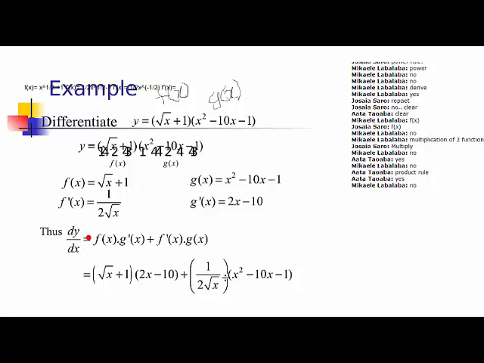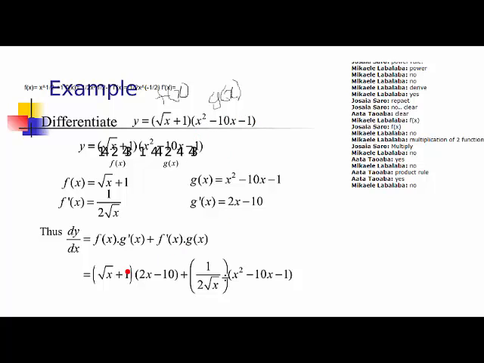So now dy over dx is f(x) multiplied by g dash of x plus f dash of x multiplied by g(x). So what is my f(x)? That's the original root of x plus 1. And my g dash of x will come from here, which is 2x minus 10, right? Then I will have to add f dash of x. What is my f dash of x? 1 over 2 root of x multiplied by x squared minus 10x minus 1.